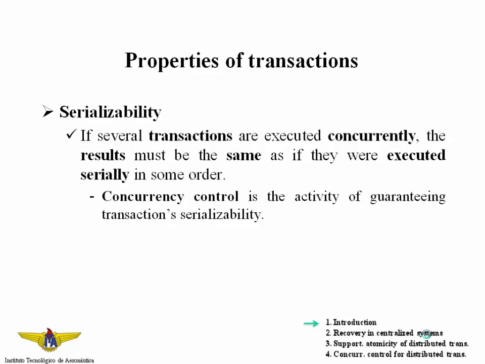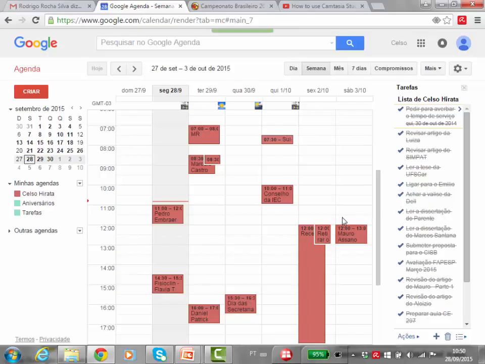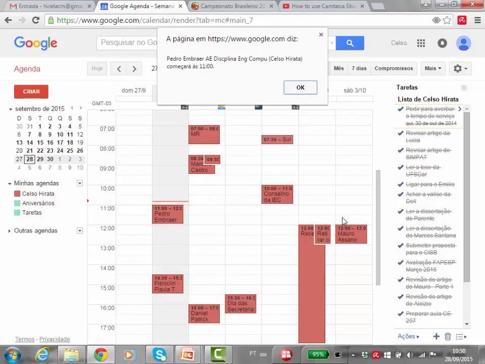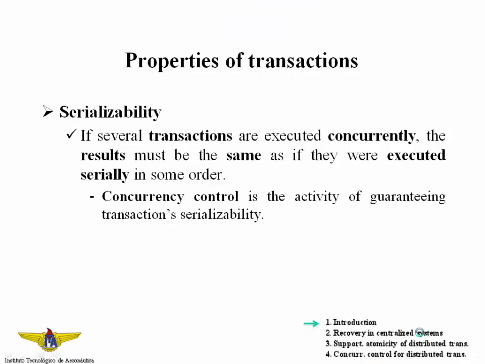Concurrency control, also known as serializability, means that if you have many transactions being executed concurrently, the result of this execution is the same as if they were executed serially in some order.